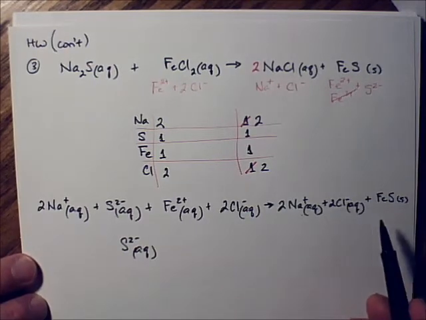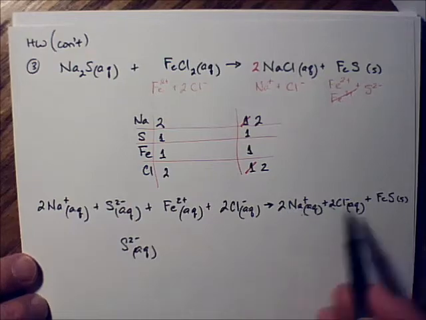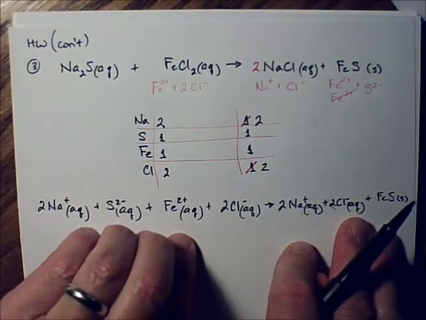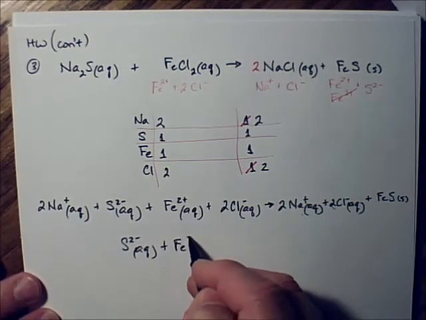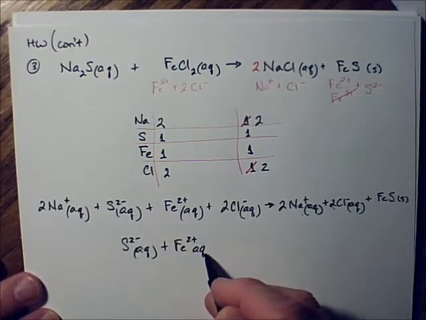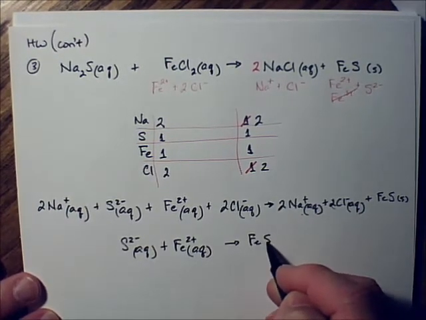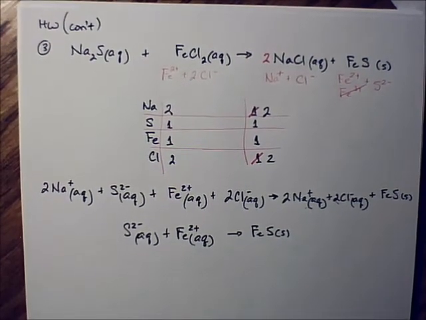Oh, yeah, this could go over here, sure. Okay, yeah. The order of all of this or this doesn't matter. They can be switched around as long as all these are on this side of the equation, all these are on this side of the equation. Okay. All right, and there's your net ionic equation.